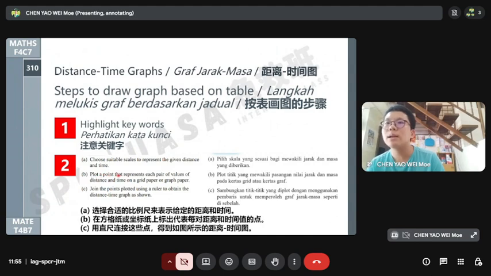Plot a point that represents each pair of values of distance and time on the graph paper. Join the points plotted using a ruler to obtain the graph shown. Remember, use a ruler. If you didn't use a ruler, I'm sure the answer will be marked wrong. Okay, use a ruler to draw the line.